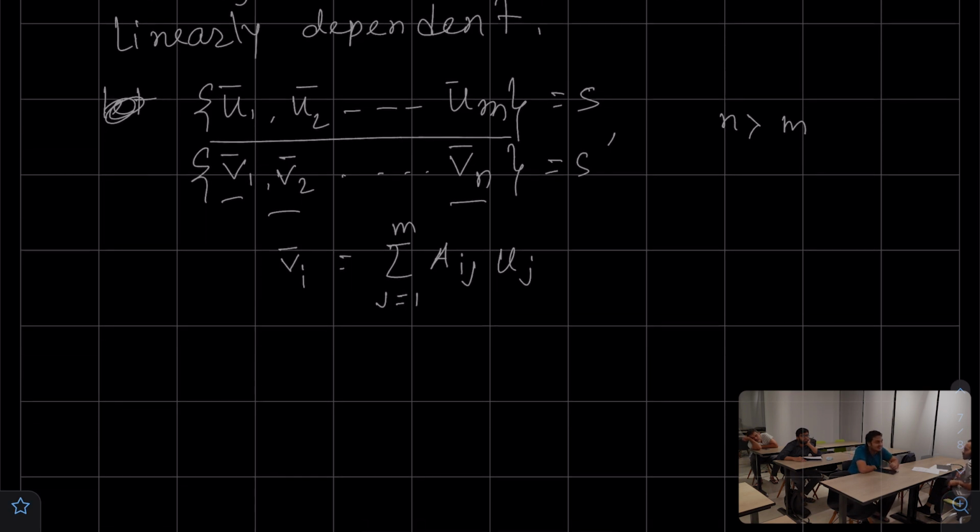We also proved that it is the smallest. So vi is equal to the sum over j equals 1 to m of aij uj, where each aij is an element of the field.